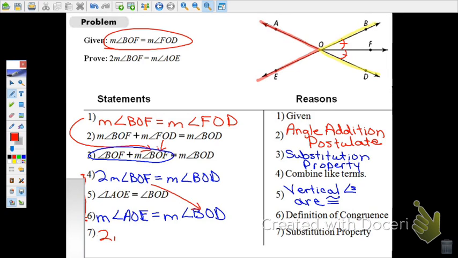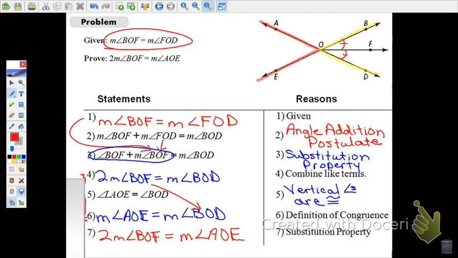So 2 times the measure of angle BOF is equal to the measure of angle AOE. Why do you just put BOF back in here? Because that's what we're trying to prove. So we have to substitute it in.